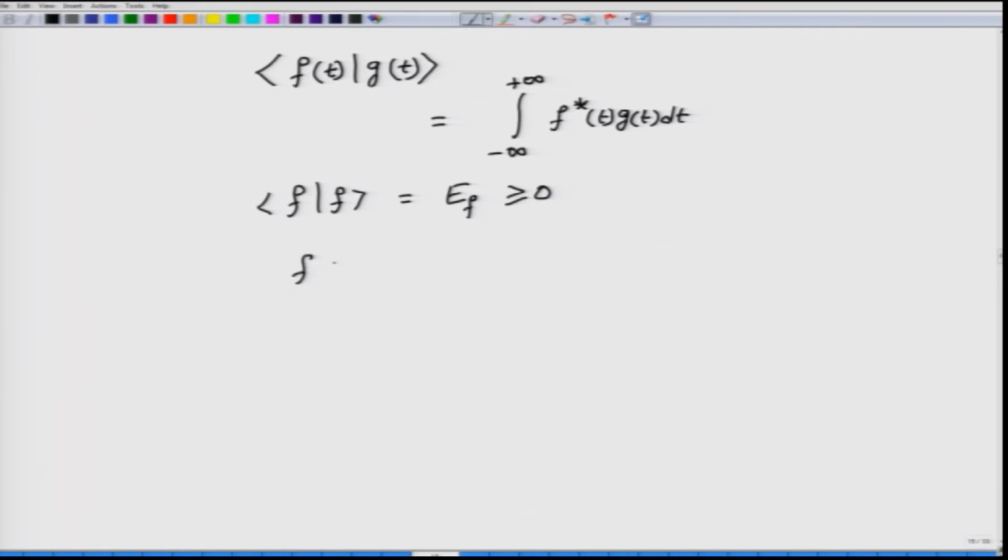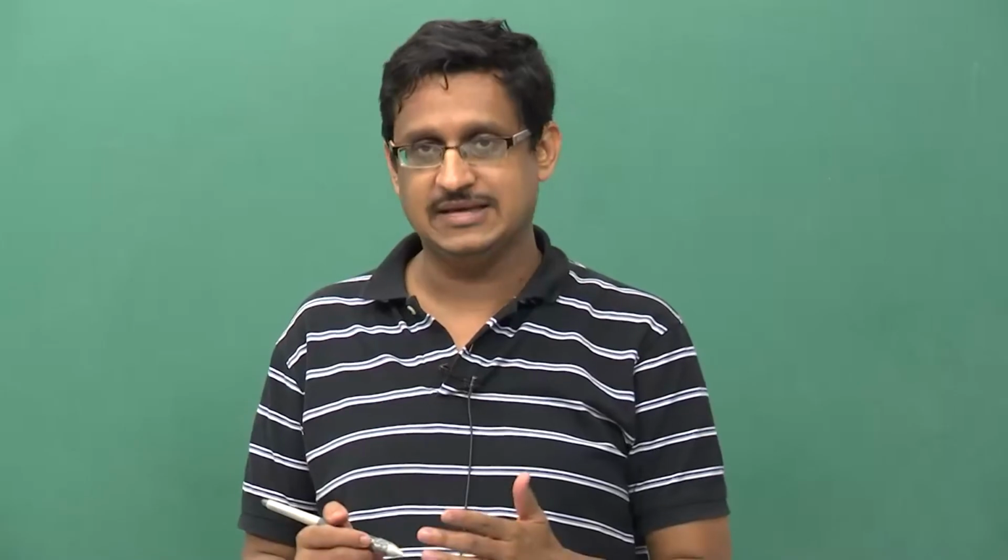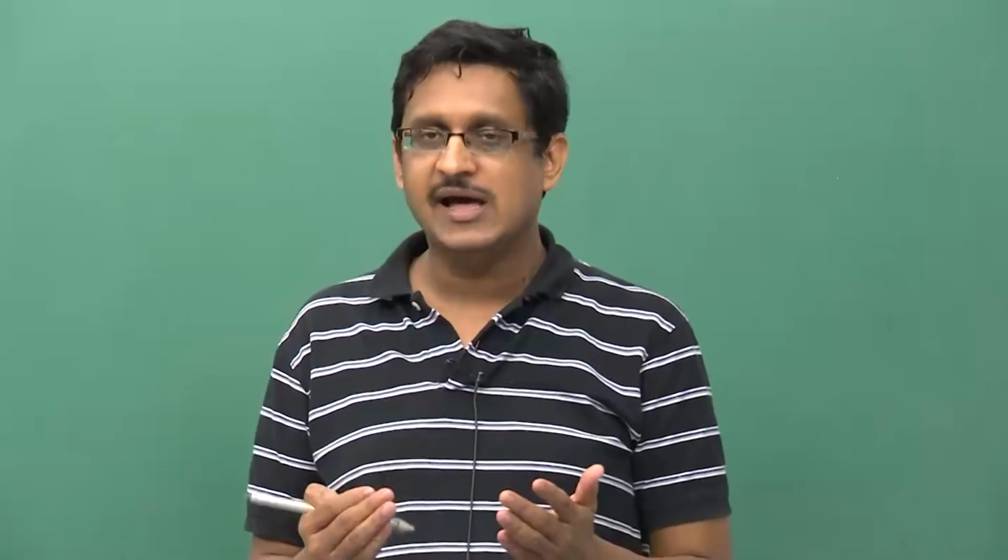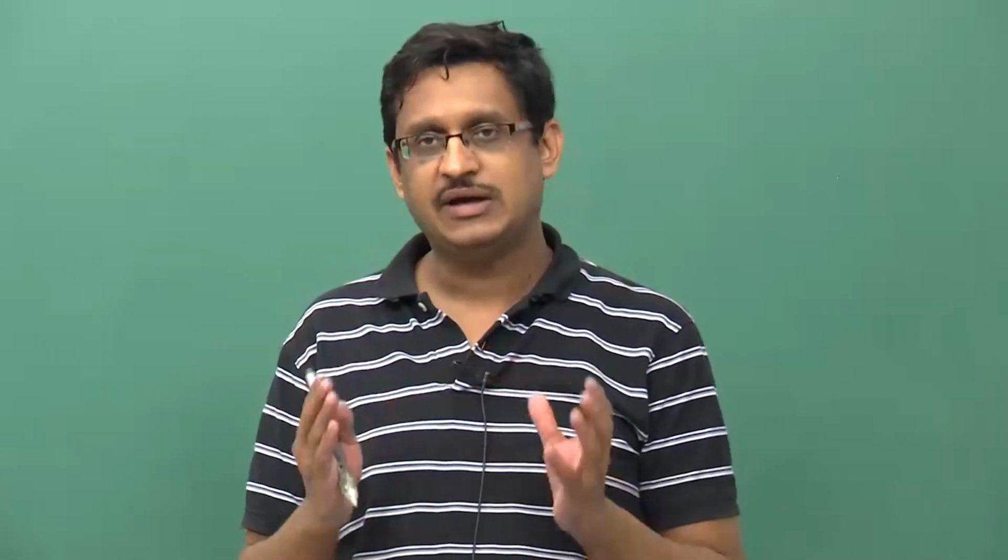And to any signal f of t you can add another signal g of t, and the sum will be denoted as the pointwise addition of the two signals f and g, and you can also take a scalar and multiply that scalar to f of t. So, it seems possible that the energy class, that is all signals whose energy is finite, actually define a vector space.